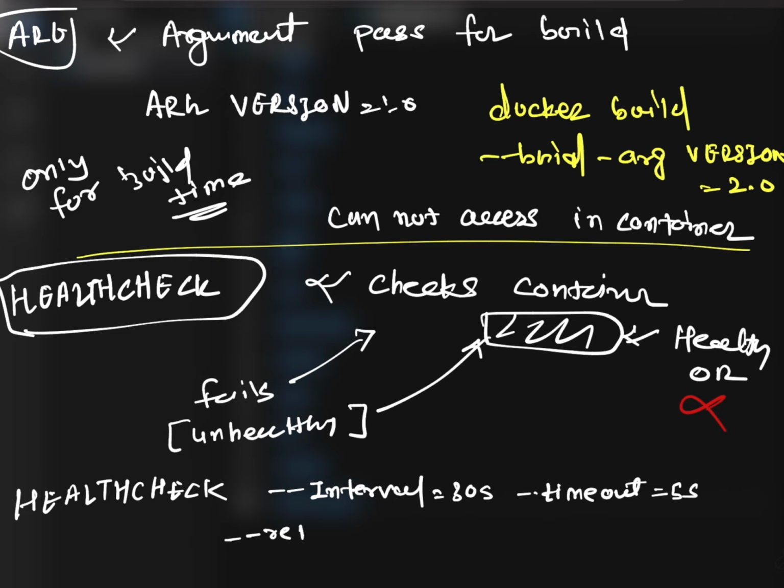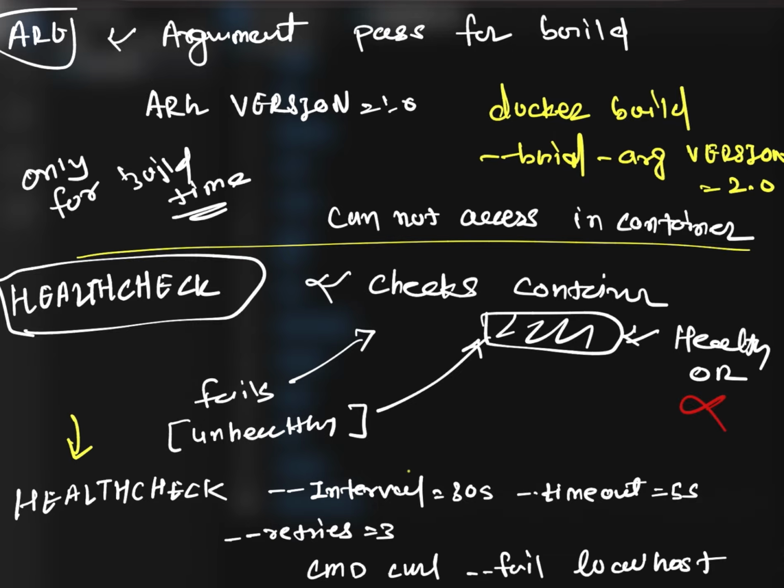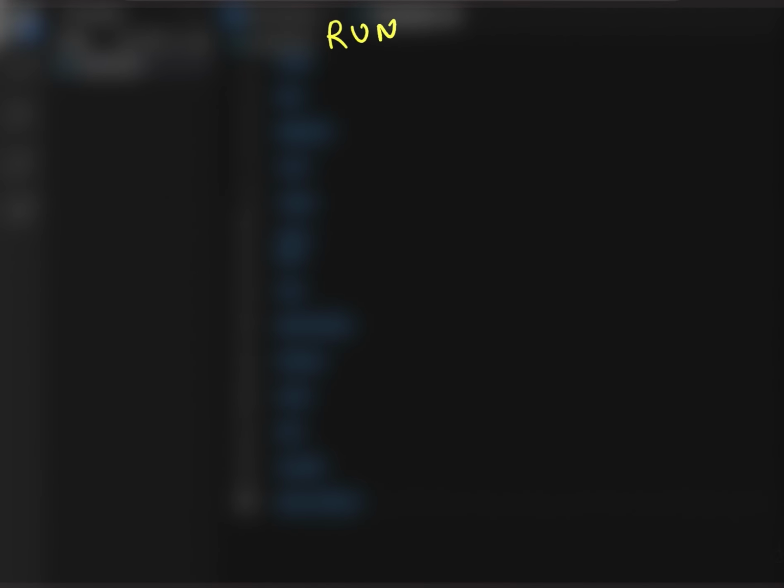The retries will be 3, and then we need to add a command via CMD which will check the health endpoint. In that we need to add curl, and then check whether it fails or not. Then you can add localhost, or you can add your domain. That's how we can use health check.